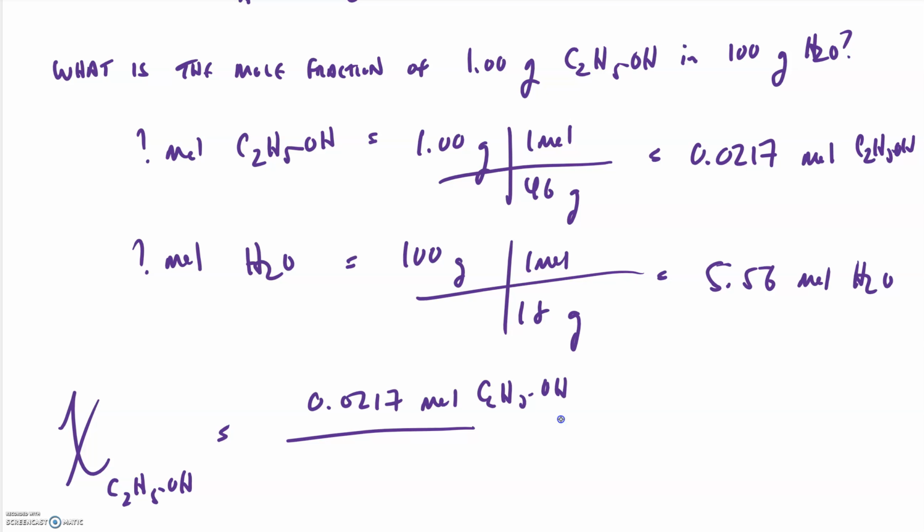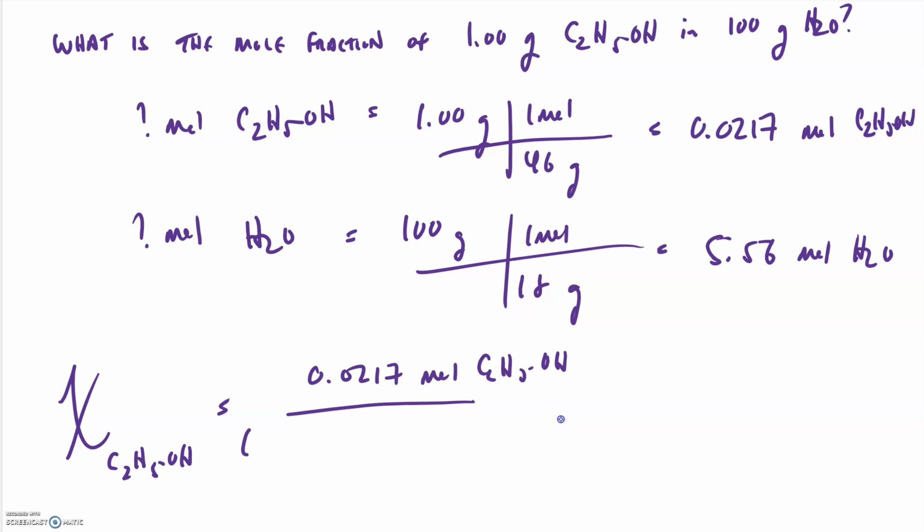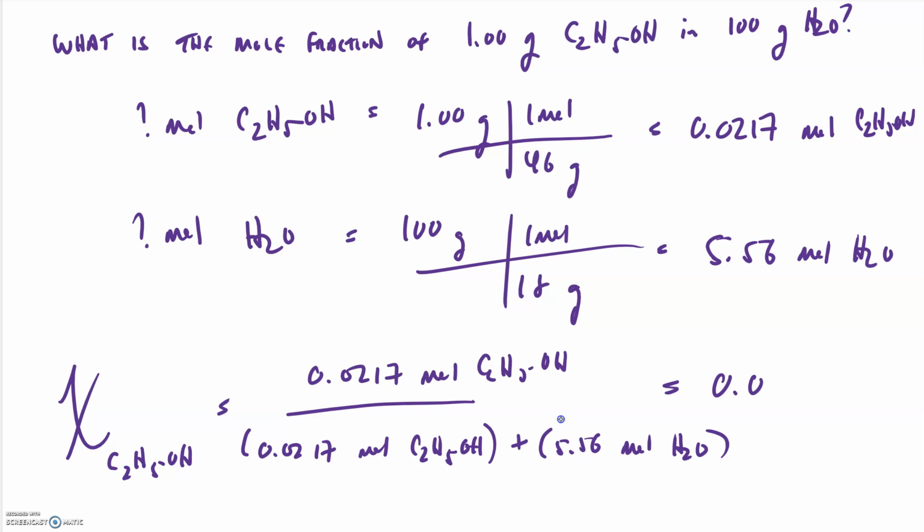And the total moles of both solute and solvent will be, of course, 0.0217 moles of the ethanol plus the 5.56 moles of H2O. And when we bust these out on the calculator, we get a mole fraction of 0.00389. And there's no units for mole fraction.